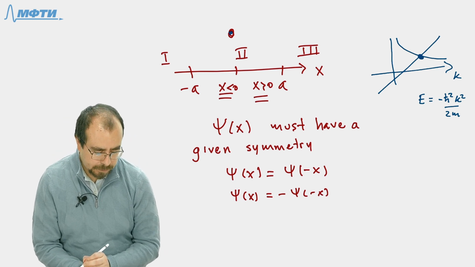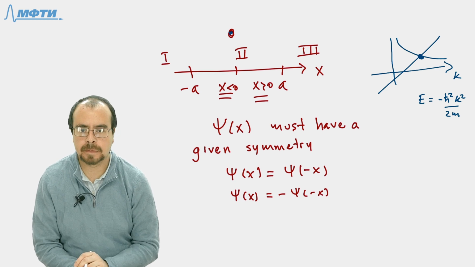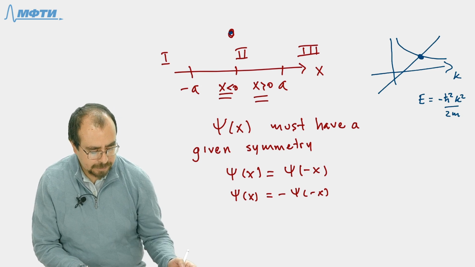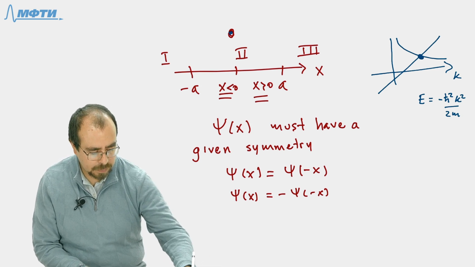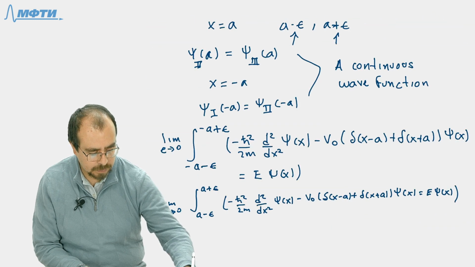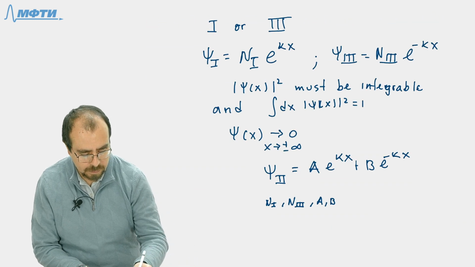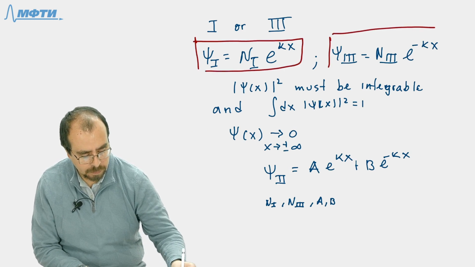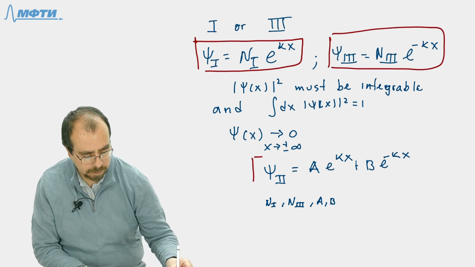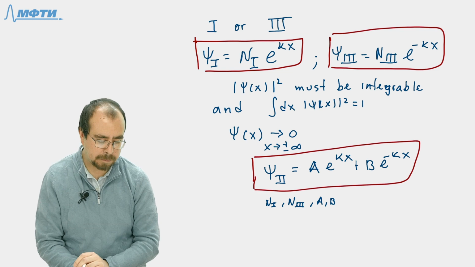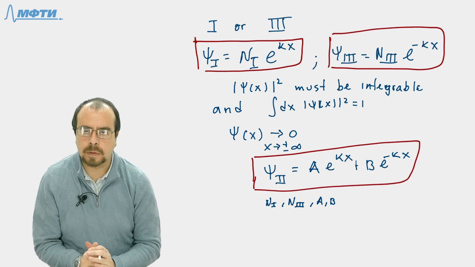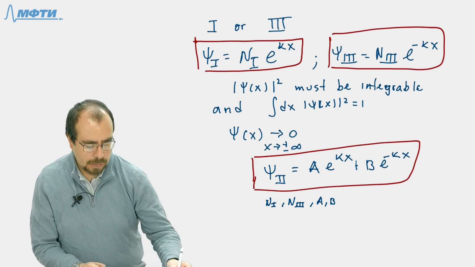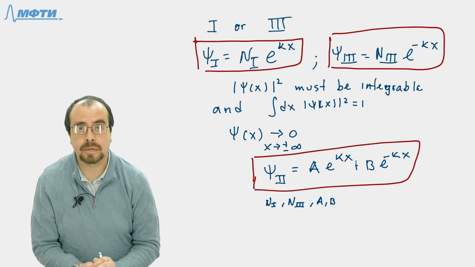So we will have two different types of solutions. If we remember the expressions of our solutions, that is this one, and this one, then this also implies some properties about the normalization constants that we will have.